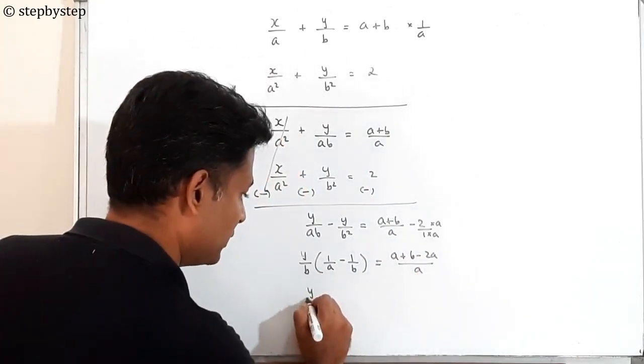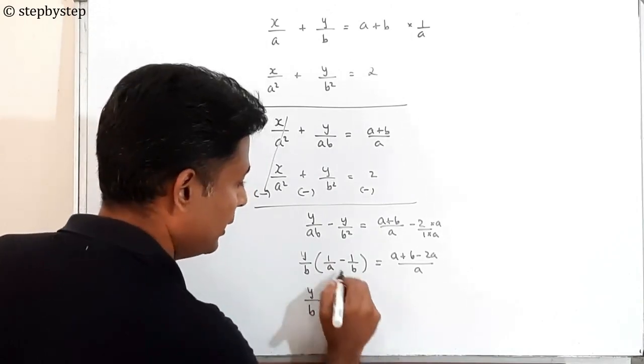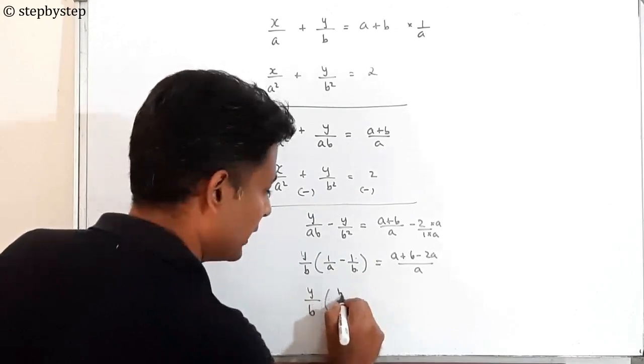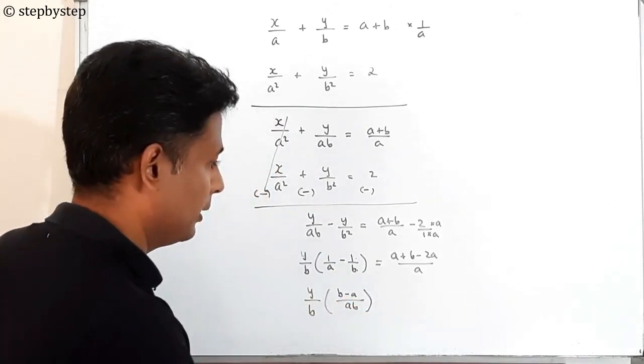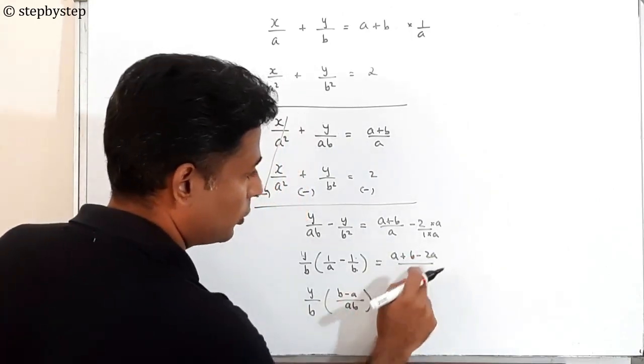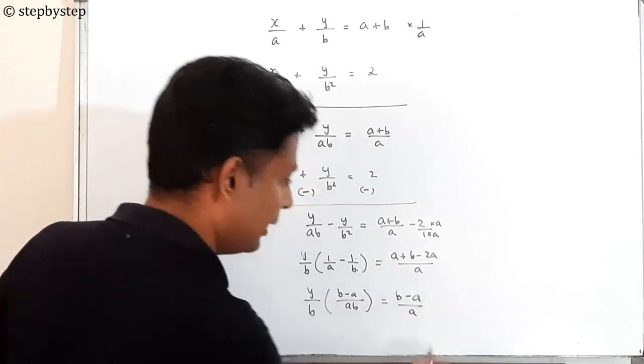So now this becomes y by b. Again I'll take LCM here. LCM is ab. So here into b, here into b, here into a, here into a. So I get b minus a equal to a plus b minus 2a, so I'll get b minus a by a.